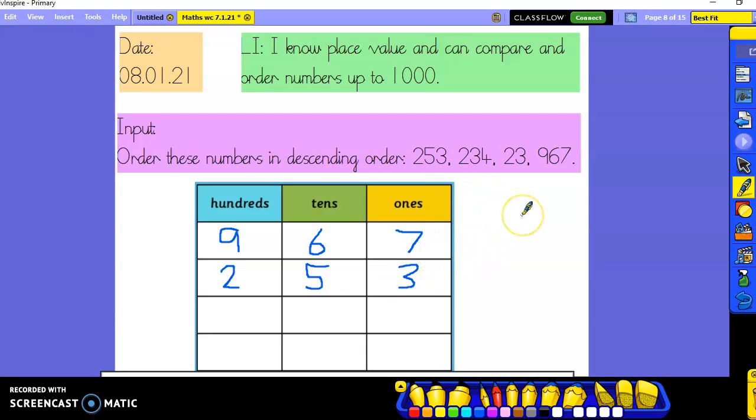And our next one from that, yes, you're right, would be 234, which leaves us with one more number, which leaves us with the answer of just 23. And that is descending order, starting from the largest to the smallest.